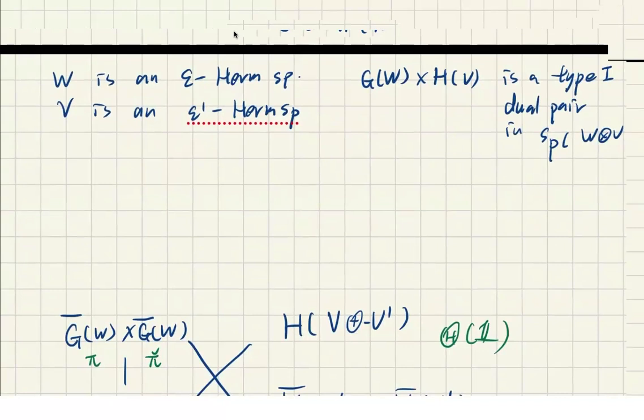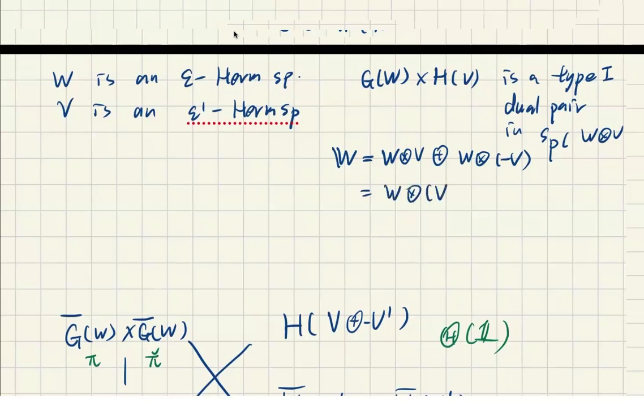So we consider the larger space W tensor V plus W tensor minus V. What is minus V? Minus V is just V as a set, as a vector space, but the form is given by minus of the form of V. Okay, so we consider this space. So therefore you can write it as W tensor V plus minus V, right?